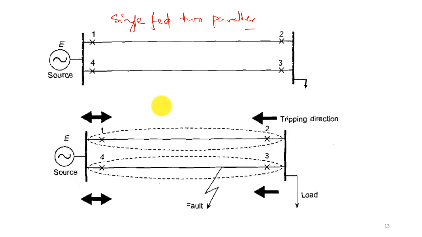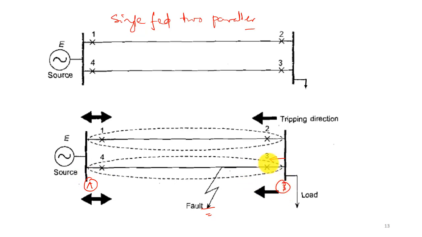If the fault is somewhere in line 3, 4, we need to isolate sections 3 and 4. If we look from relay 3, what will the power flow be from this bus? Let us mark the buses. This is bus A and this is bus B.